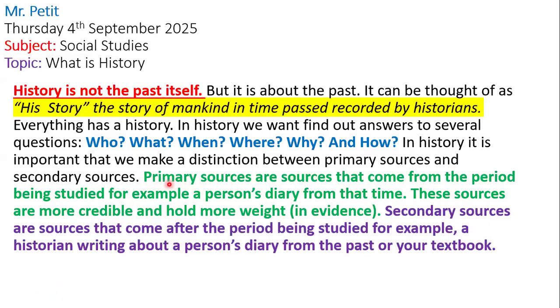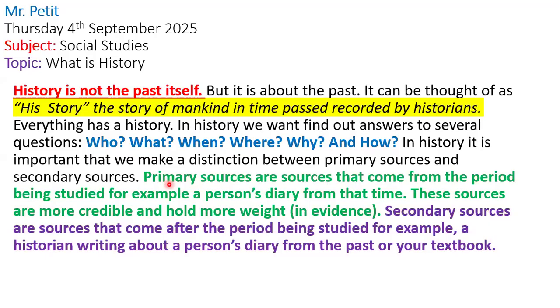Very good. Now let's say one of you finds that diary years later, somewhere in the bush. You say, hey, I found a diary of an African slave, and you give it to your teacher. Your teacher sends it to the museum, and the museum sends it to a well-known historian.